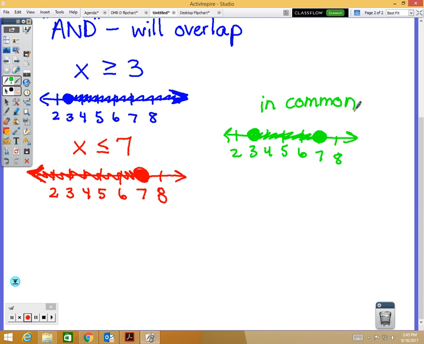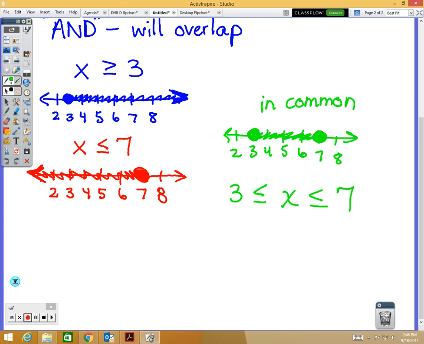So instead of writing these as two distinct inequalities, we could write it as one compound inequality where x is our variable. We have a 3 on one side, we have a 7 on the other side, and then we put our symbols in between like this. That would be a compound inequality that we use the word and for. Well, we would say x is greater than or equal to 3 and x is less than or equal to 7.